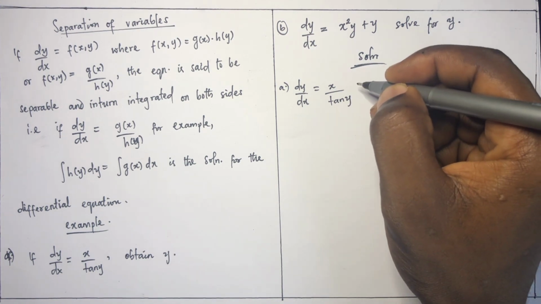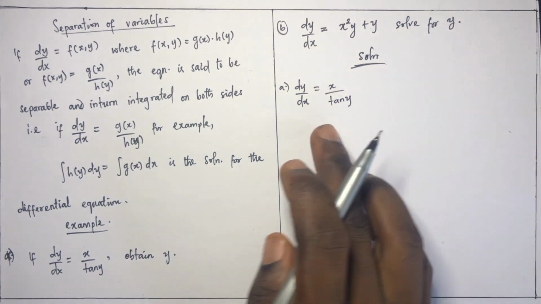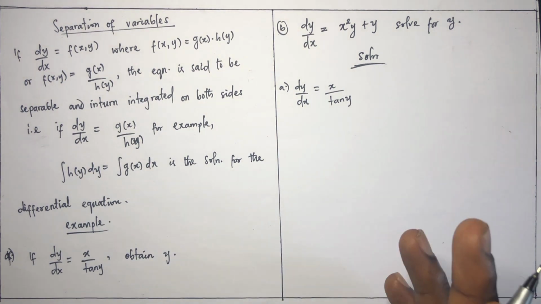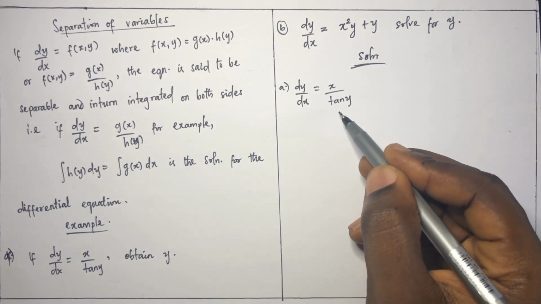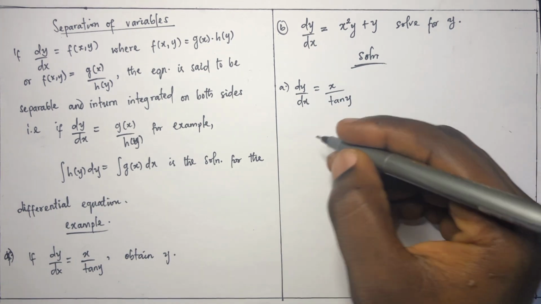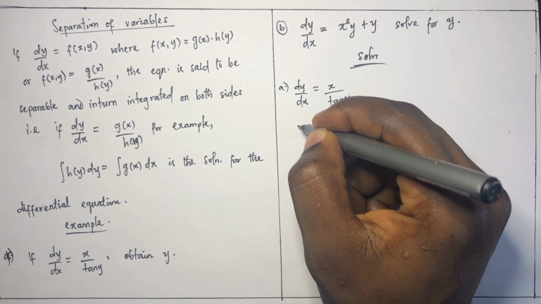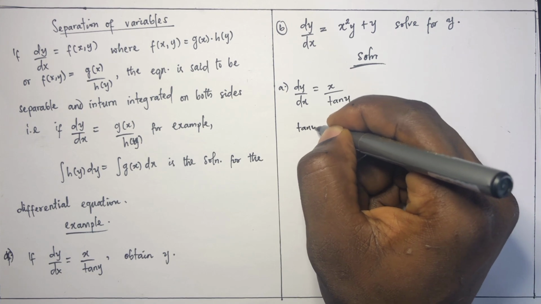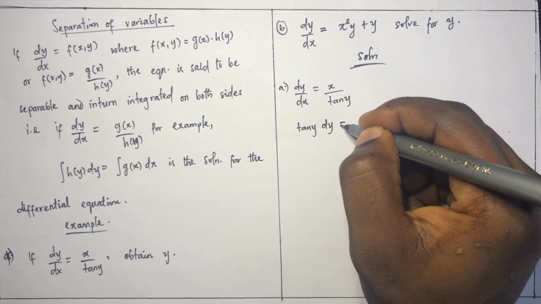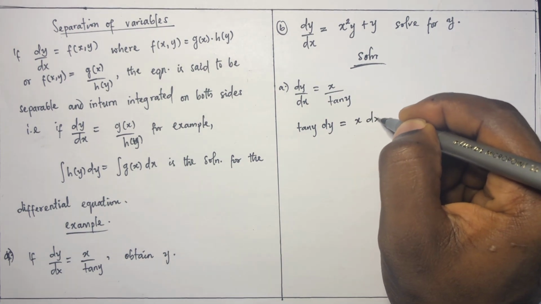We can now put the y terms together and the x terms together. For us to do that, tan y multiplies dy, just like a cross multiplication. So we have tan y dy equals x dx.